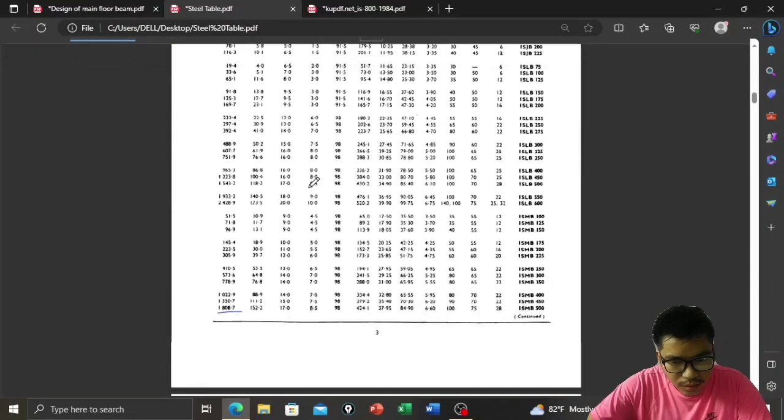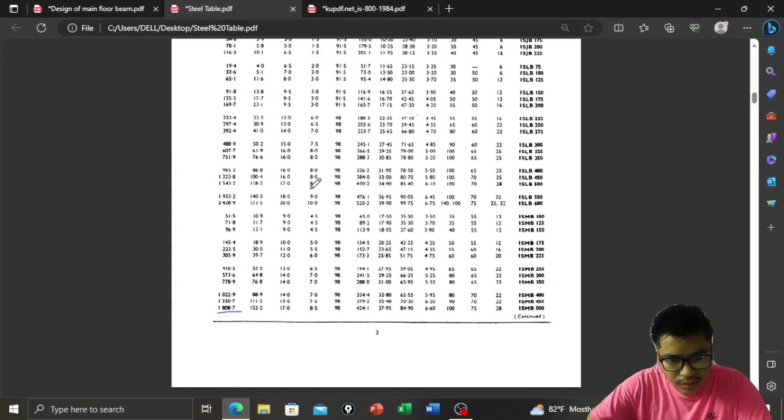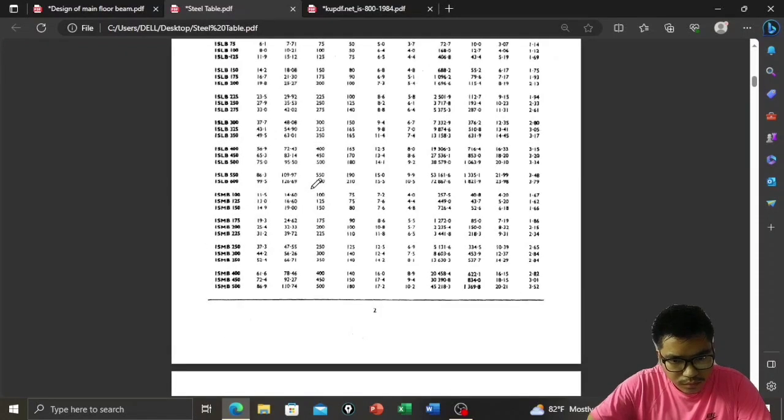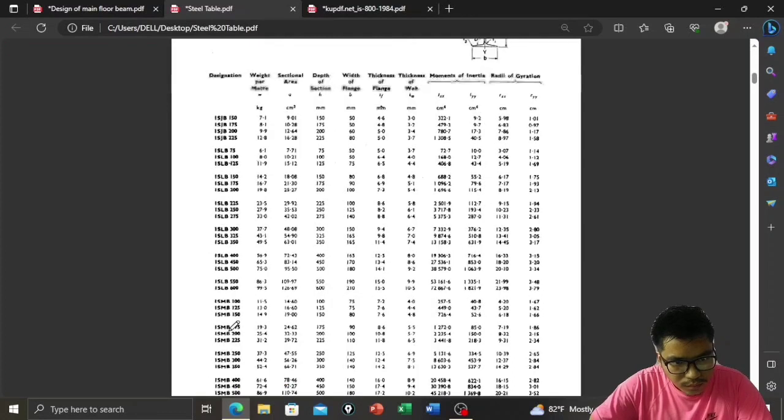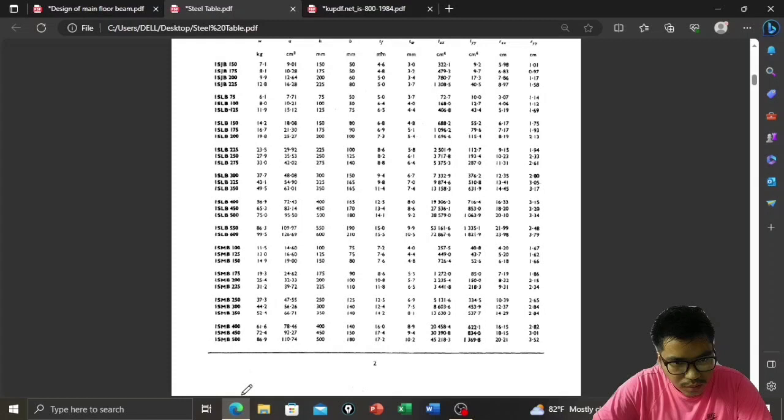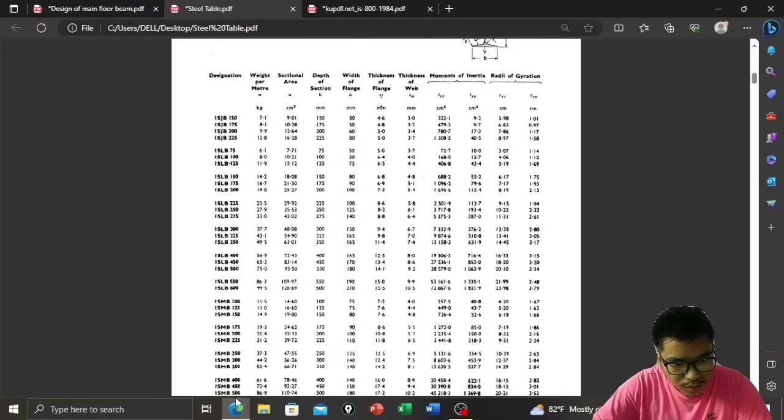ISMB 350. No, ISMB 500. Thickness of flange, that is capital T, and thickness of web, small t, is 17.2 and 10.2.